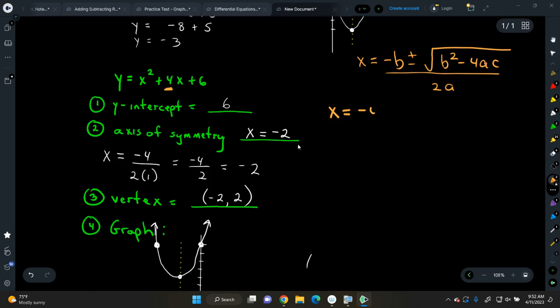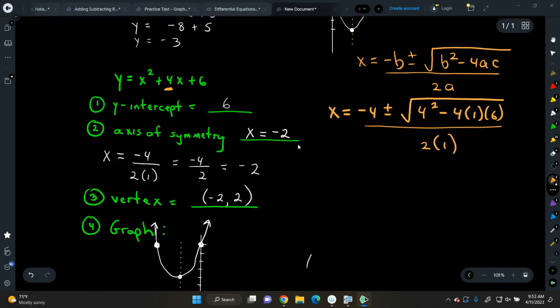So it's negative 4 plus or minus the square root of 4 squared minus 4 times 1 times 6, all over 2 times 1. You should all be copying this down. I see some of you copying it down. That's wonderful.